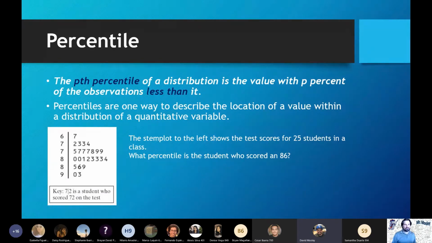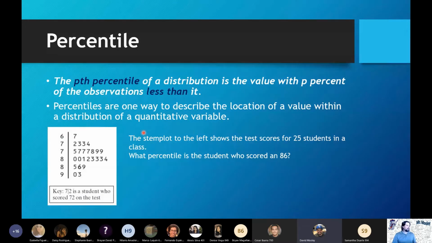It is a key point. If you want to know who has my score or higher, that would be 100 minus the percentile. So if I'm at the 75th percentile, that means 25% of the observations have my score or higher. 75%, which is the percentile, is less than my score.